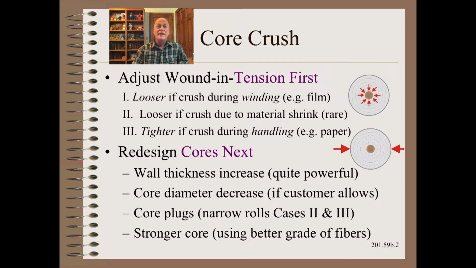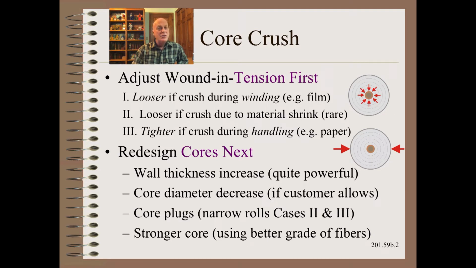You want to wind as tight as possible to use the layers of the roll as arches to protect the core. There's also a type 2 core crush that is much rarer. All of these three totally different core crushes require totally different winding strategies as one set of options.